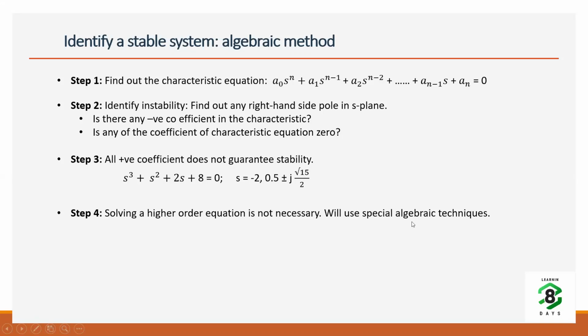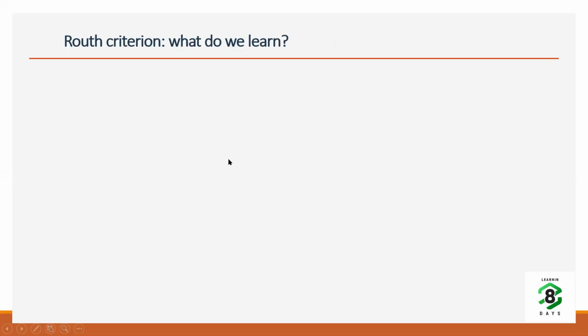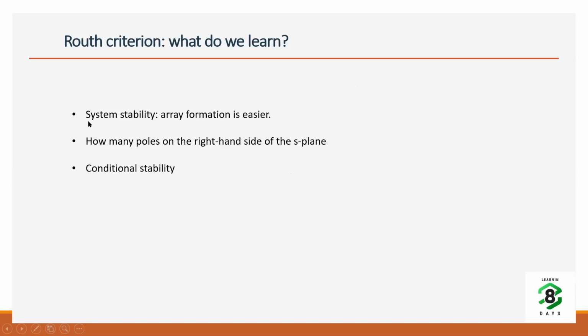So people have come up with special techniques. These are all algebraic techniques. I will cover the Routh technique to find out the instability of higher order systems. But the Routh criteria or method gives you a few more pieces of information on top of the stability.